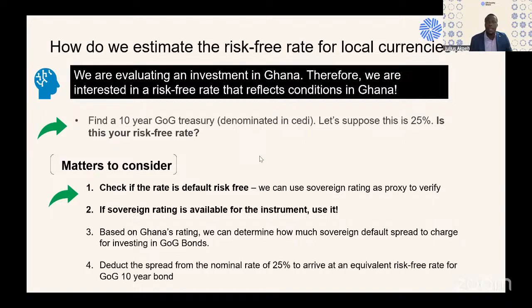The reason why we have to consider the sovereign rating is that generally the sovereign rating is common to all the instruments issued, right? And we know that because of rationality, investors will consider that the issue of the instrument compensates them for the sovereign risk that they are taking on, right?